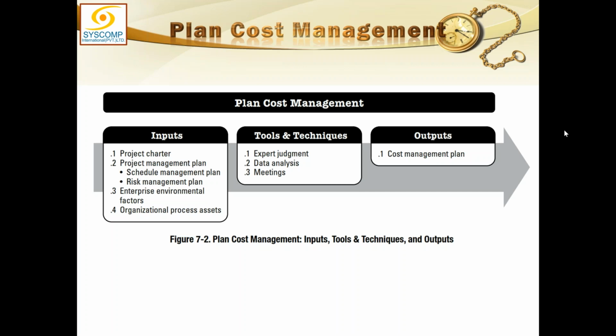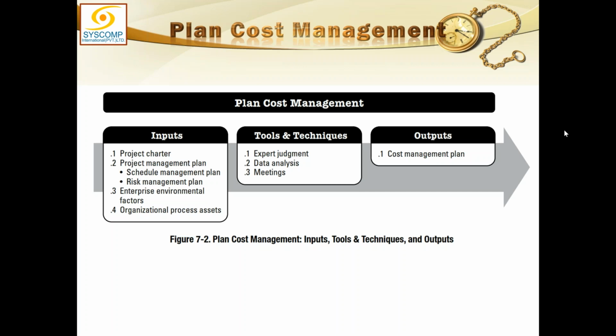Organizational process assets, we may be having certain financial control procedures and guidelines from the organizational archives. Historical information can be of use. Any financial databases could provide us useful data, and existing formal and informal cost estimation and budgeting related policies, procedures, and guidelines are going to be helpful in developing the cost management plan.